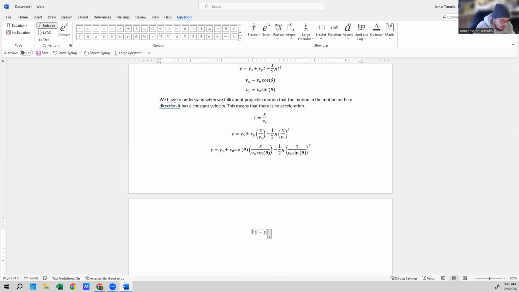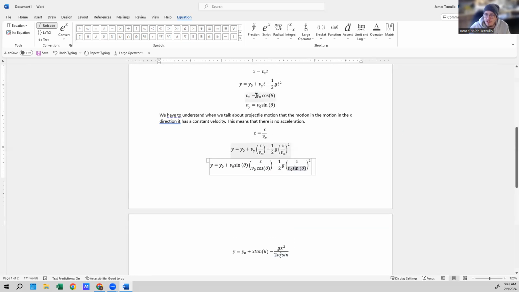So that gives us y equals y naught plus x tan theta. And here in this second term, we have g, we have x squared, and that's all divided by 2 times v naught squared cosine squared. I put the wrong thing in here.